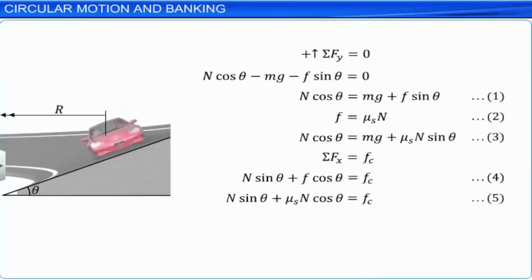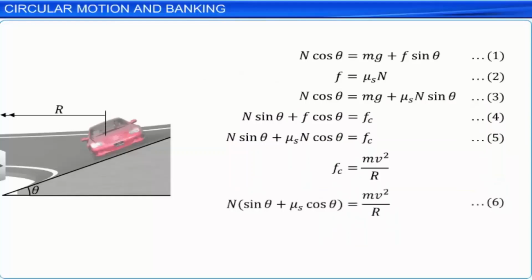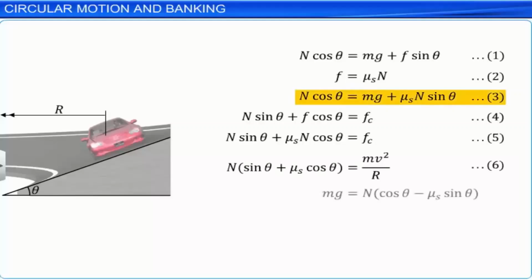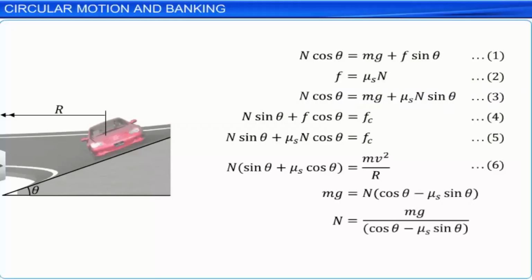But Fc is equal to mv squared divided by r. Substituting this in equation 5, we get equation 6 as shown. From equation 3, N is equal to mg divided by cos theta minus mu s sin theta. Let us call this equation 7.